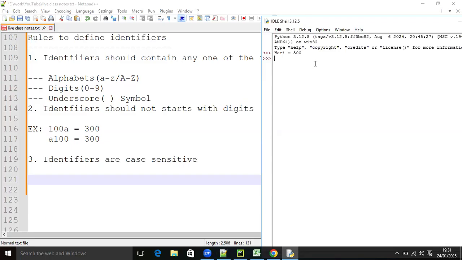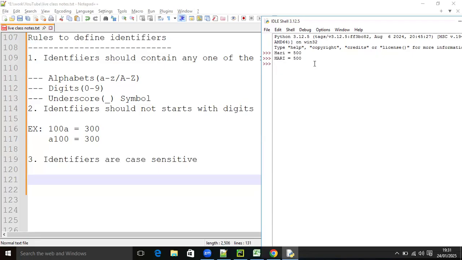Next, Hari also has 500. Let me take different inputs instead of this.